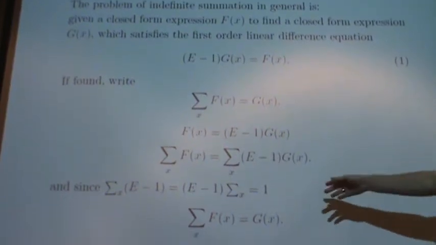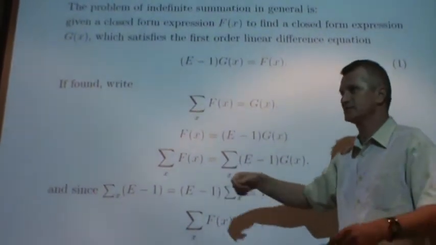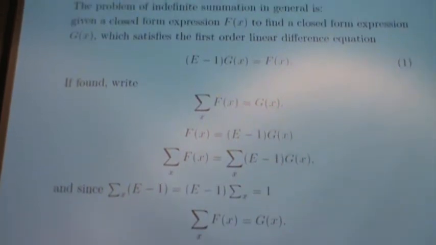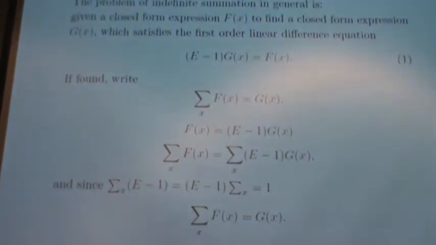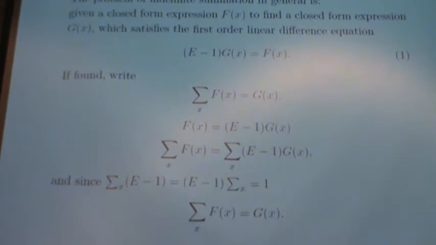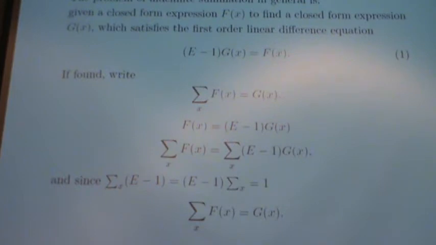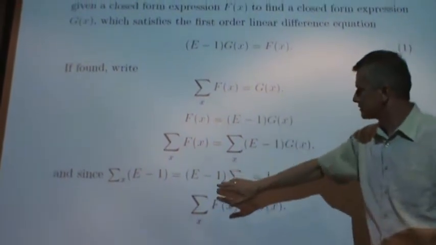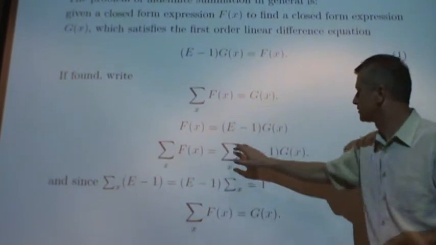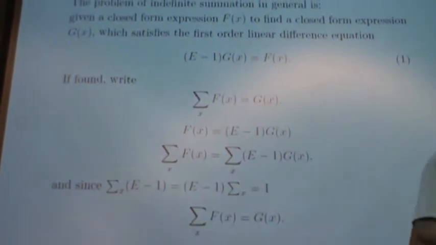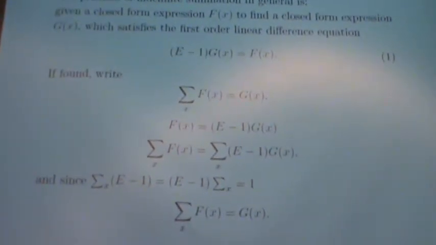Something is summable, and it's the same as with integration: to find a function such that when you differentiate it, you get the integrand. It's a very similar thing. This part is important because we will actually use this trick for accelerating the algorithms for indefinite summation.